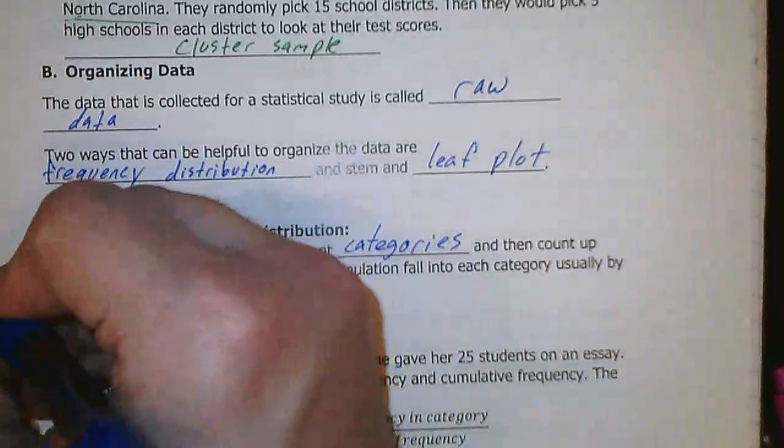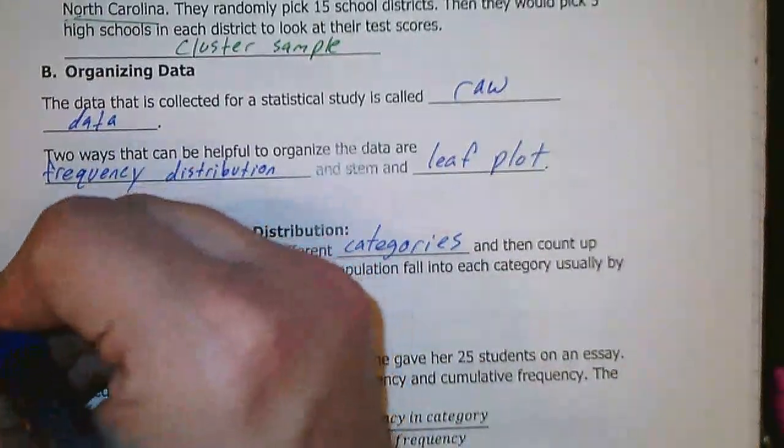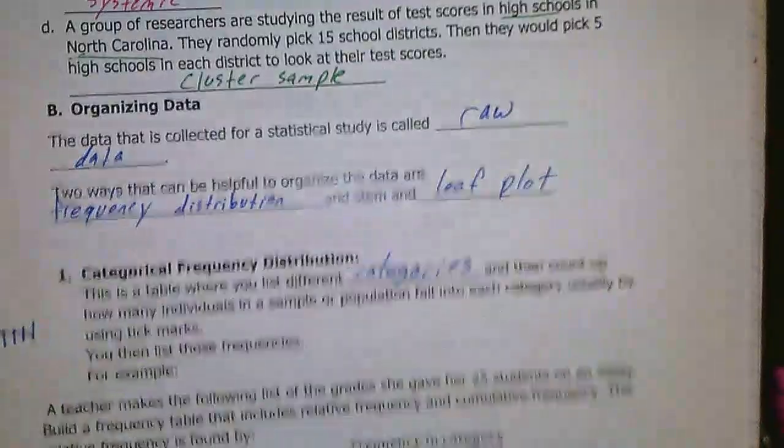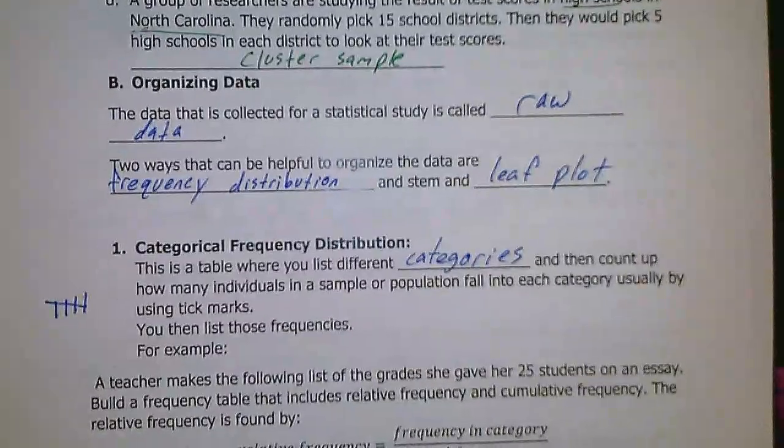You know, like the tally marks, 1, 2, 3, 4, and then a diagonal line for 5. You then list those frequencies, and we'll do this example below.